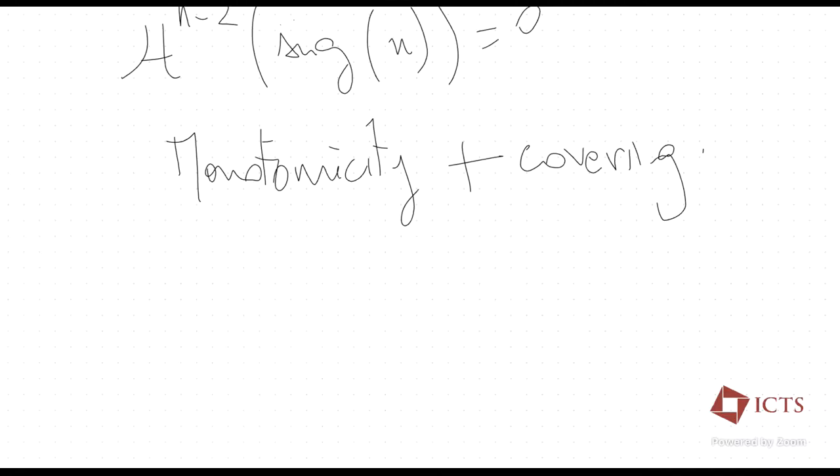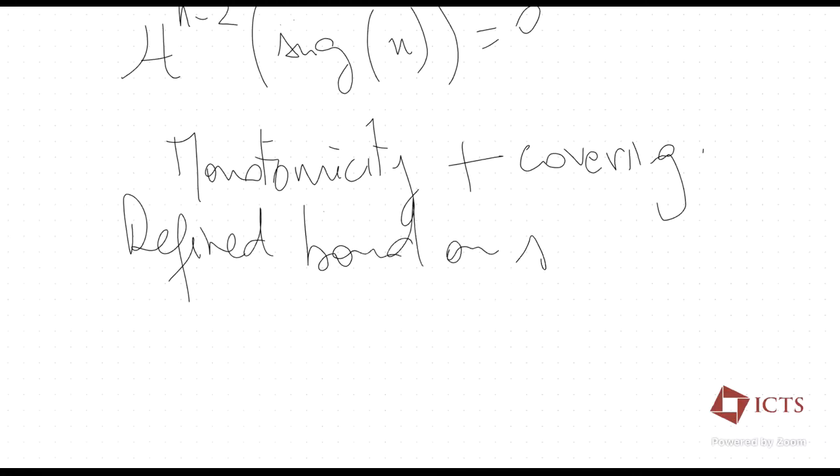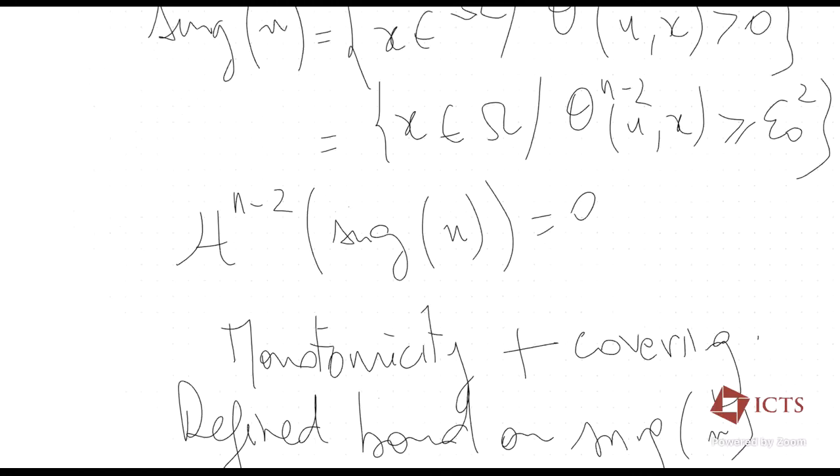Okay, so now what to do with the refined version? The refined regularity of the singular set, the refined bound on the singular set, because of course here what you just say is that the n minus 2 Hausdorff measure of the set is 0.